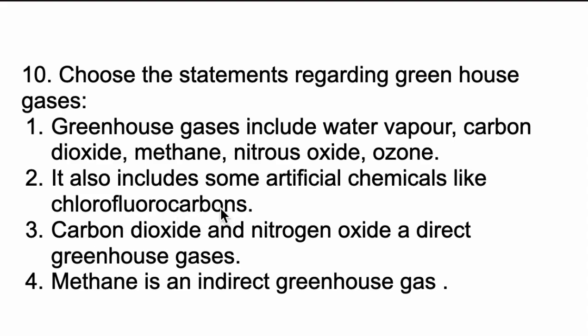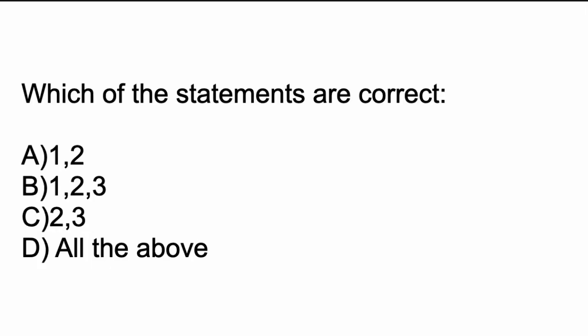So yes, this will also come under the greenhouse gases. Third statement, carbon dioxide and nitrogen oxide are direct greenhouse gases, so the third statement is also correct. Coming to the fourth statement, methane is also a direct greenhouse gas. It is not an indirect gas. So the fourth statement is wrong. So only option B is correct.